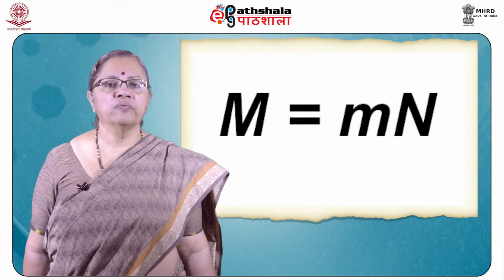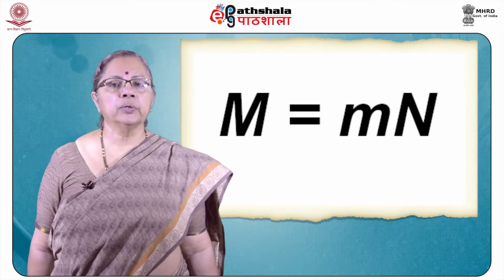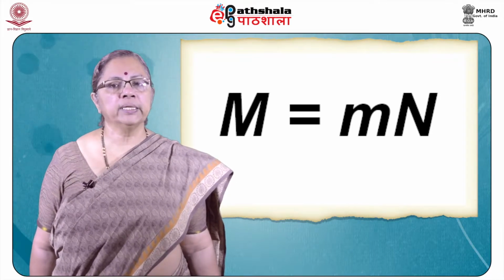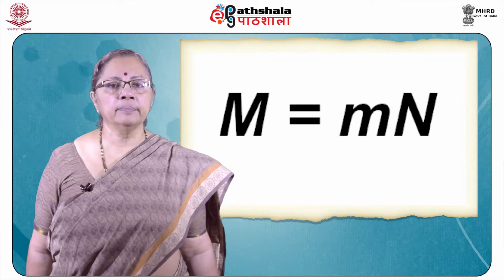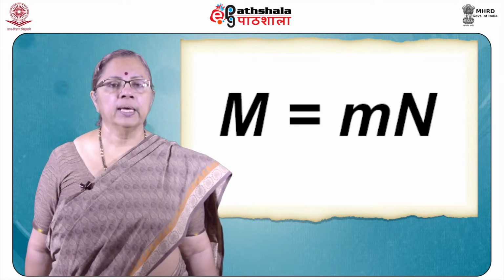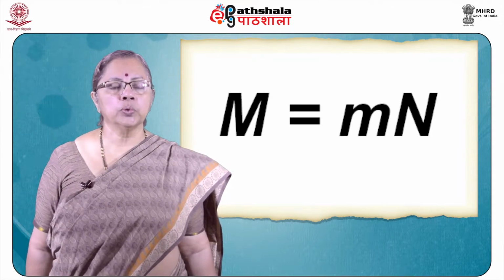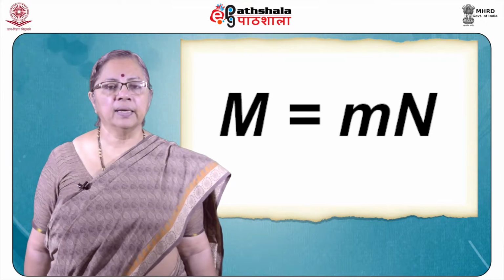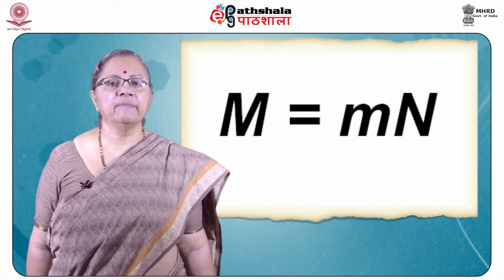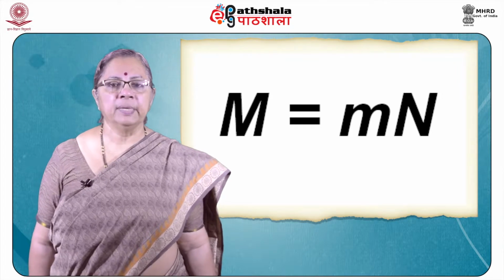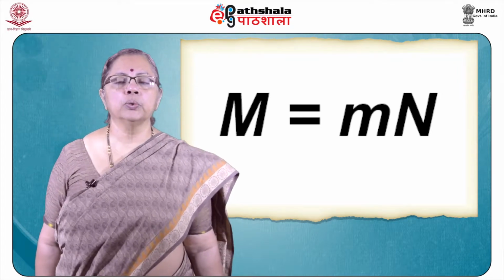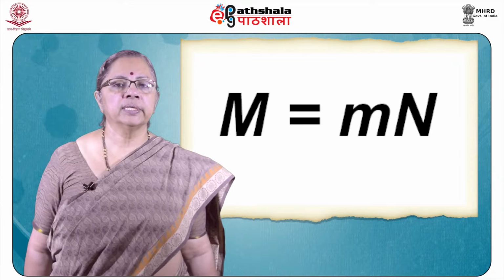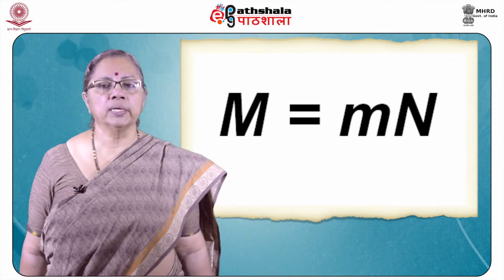The mass of 1 mole of the macromolecule is the molecular weight capital M, which is therefore capital M equal to mass times N, N being the Avogadro number, namely 6.023 into 10 to the power 23.